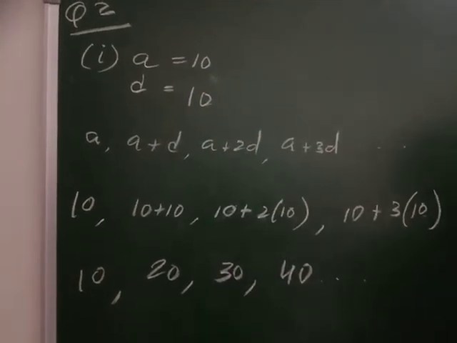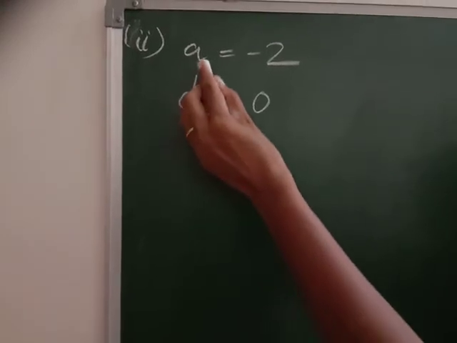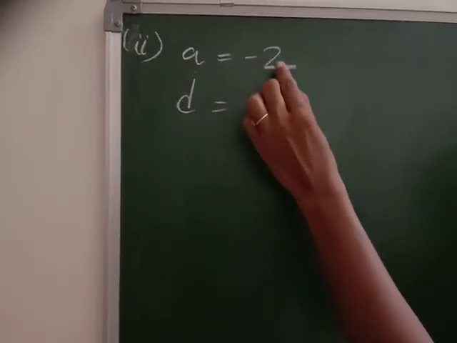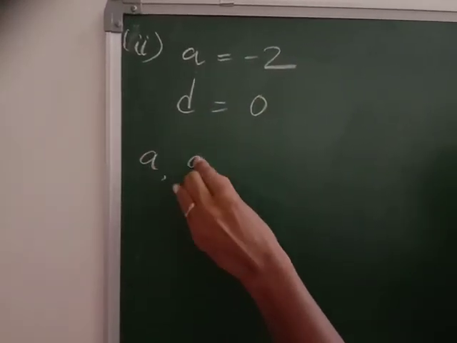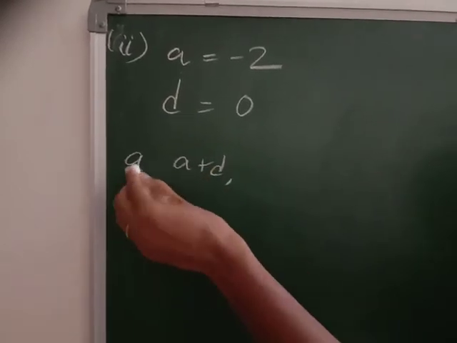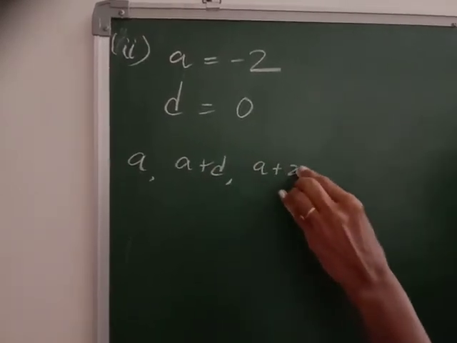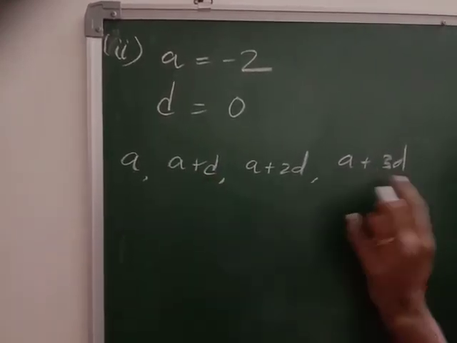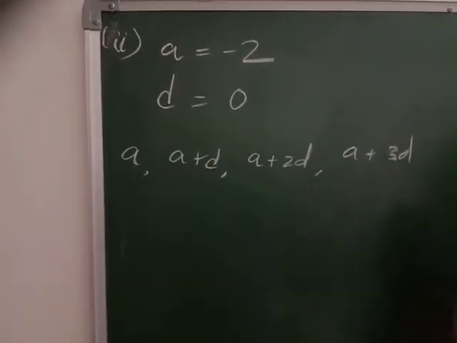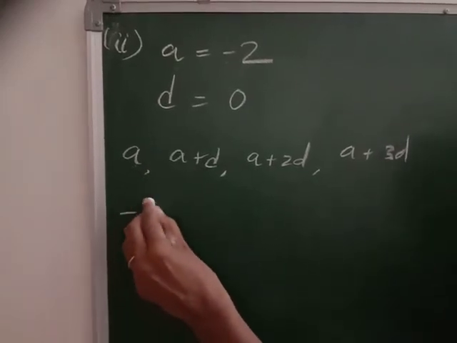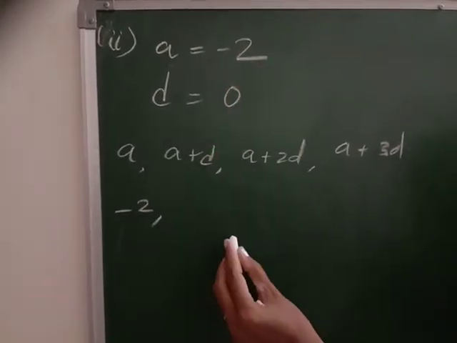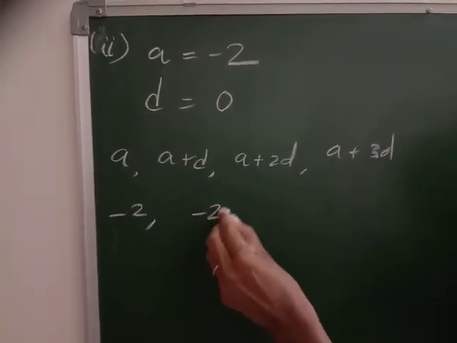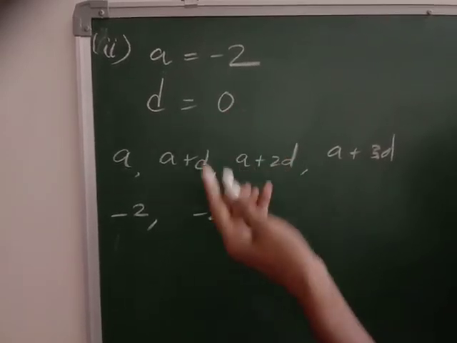Now second. Here A, that is first term, is minus 2. So first of all I will write the general formula, that is A, A plus D, A plus 2D, A plus 3D. I want to find the first 4 terms. So I will take the first 4 terms. What is A? Minus 2. What is second term? A plus D. Here D is 0.